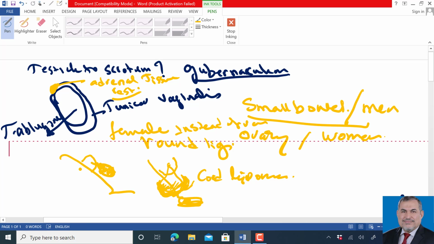What's the outpouching of testicular tissue? We call it testicular appendage, which can be excised by cautery.